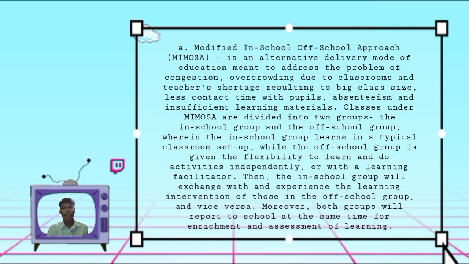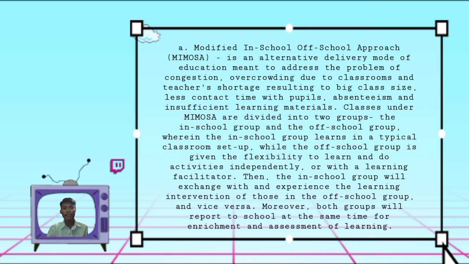Classes under MIMOSA are divided into two groups, the in-school group and the off-school group. The in-school group learns typically in classroom setups, while the off-school group is given the flexibility to learn and do the activities independently or with a learning facilitator.